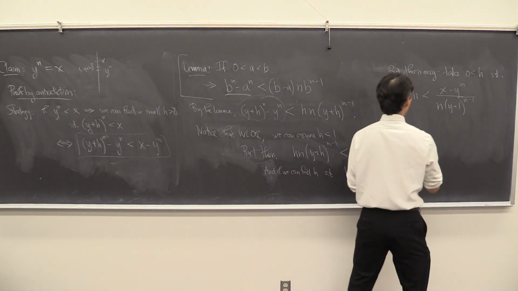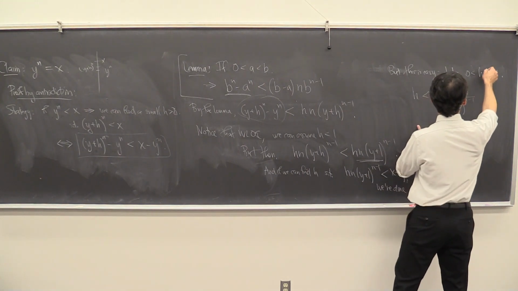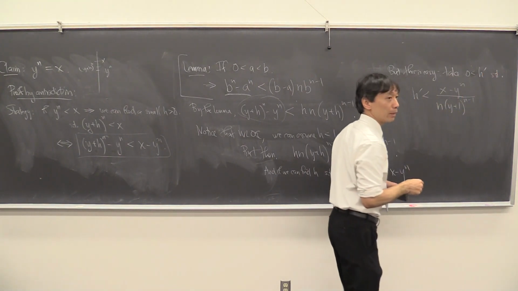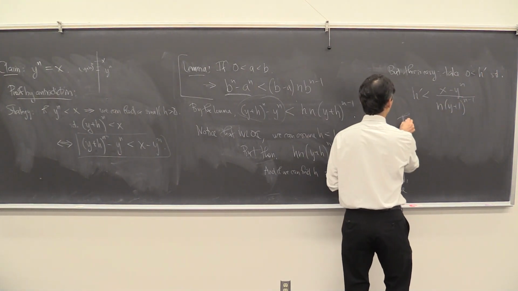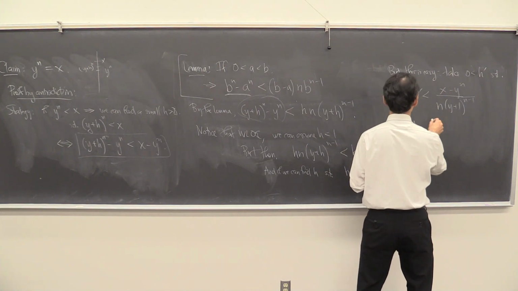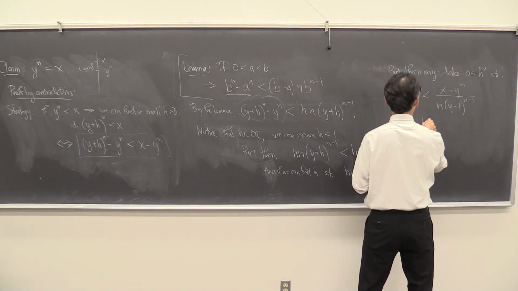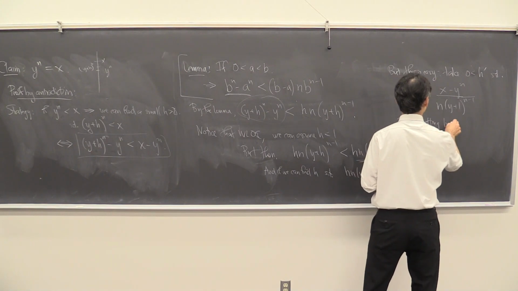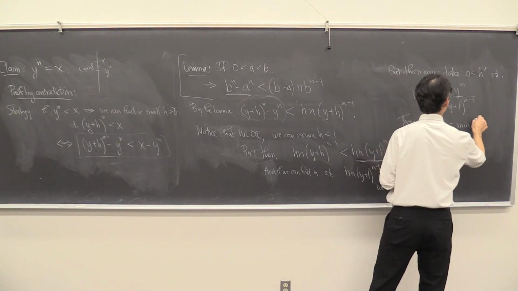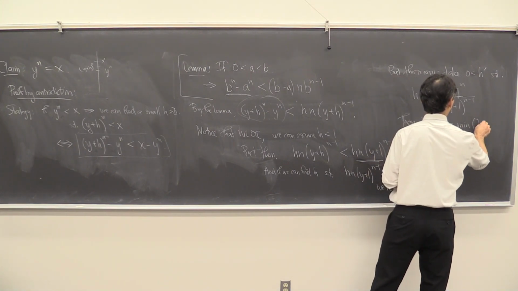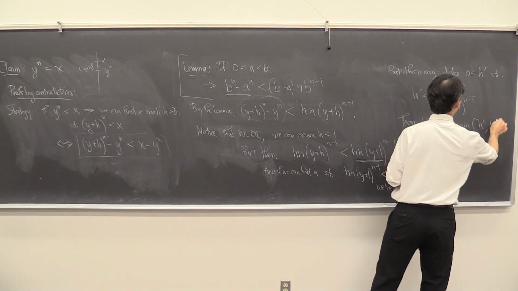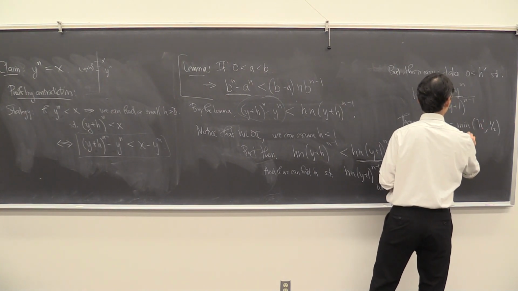Sorry, let me call this guy h prime. Then letting h be the minimum of h prime and, say, a half will do.